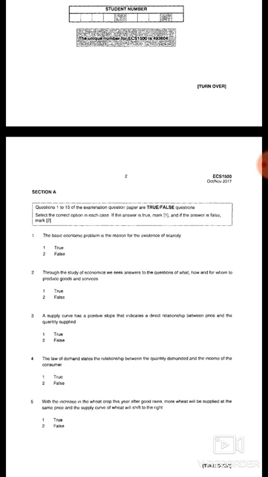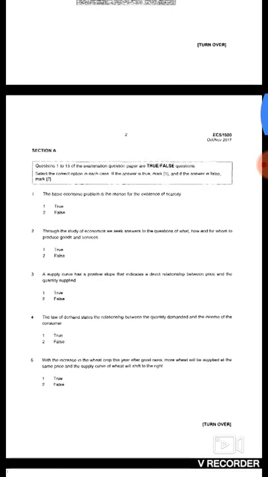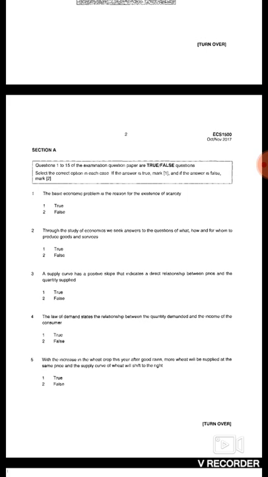Scarcity is an example of a basic economic problem, and scarcity means the resources are limited, but human wants and needs are unlimited. So because we want more than what we can have, we have the basic economic problem of scarcity.